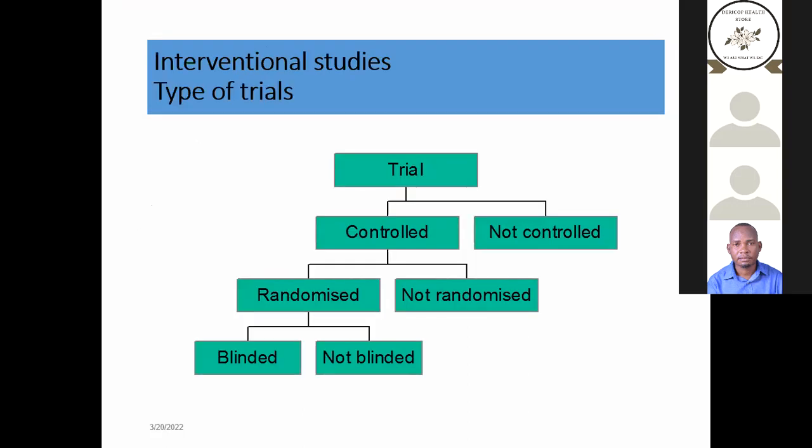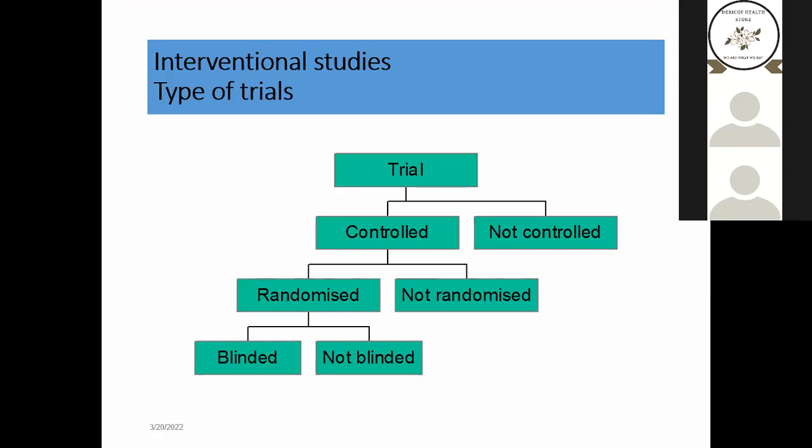So we are going to look at the interventional studies. Those are the non-observational studies, the experiment. We are going to do trials. So under trials, we have controlled trials. We also have non-controlled trials, but we are going to look more at the controlled trials. Under the controlled trials, that's where we have the randomized trials and the non-randomized trials.